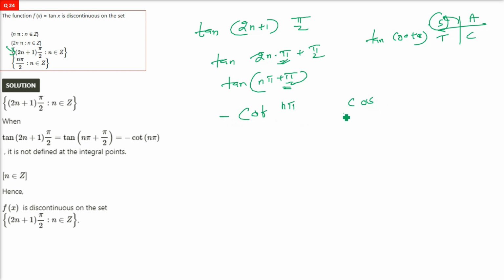It is in the second quadrant. Now cot n pi, if you understand it very closely, it is simply cos n pi by sin n pi. But we are interested in the denominator, so we will not be talking about cos n pi. Sin n pi: sin 0 is 0, sin 180 is 0, sin 360 is 0, where 2 pi is 360 degree.